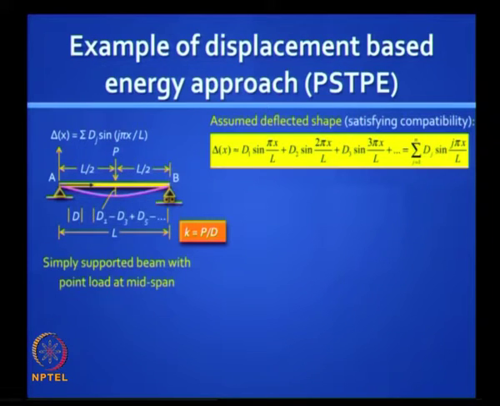Another common example is to assume a deflection shape which satisfies compatibility to some extent. So take a simply supported beam, assume a series function which satisfies compatibility, let us say a sinusoidal series, and let the midspan deflection be d.